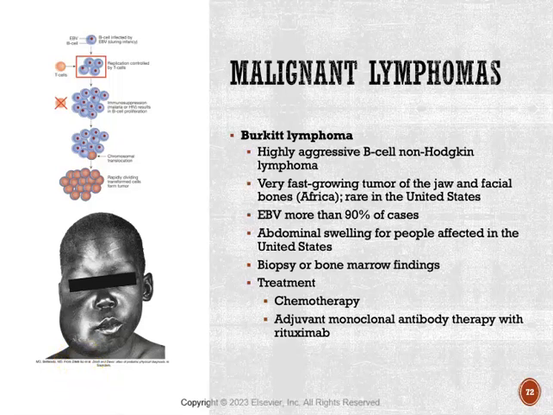And this lymphoma is strongly linked to the Epstein-Barr virus, with over 90% of cases testing positive. And our diagnosis is going to rely on biopsy or bone marrow analysis to confirm the presence of the malignant B cells. Lastly, treatment is going to include chemotherapy as a primary approach, often combined with monoclonal antibody therapy, such as rituximab, to target cancerous cells more effectively.